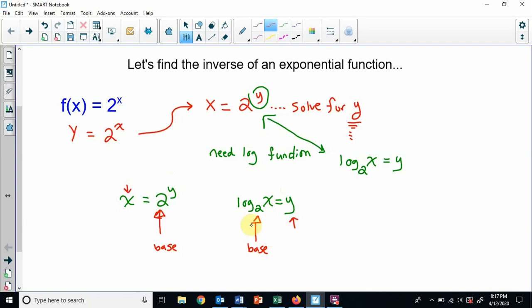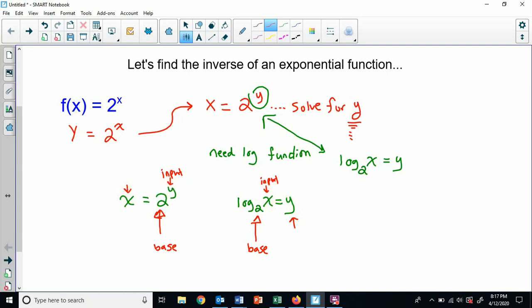Notice it switches spots. There's the input into the function. Notice this time the input is an x. So notice that the x and the y change spots. So we go from a base 2 to a log base 2, and the exponent and the answer switch places with the input and the answer.